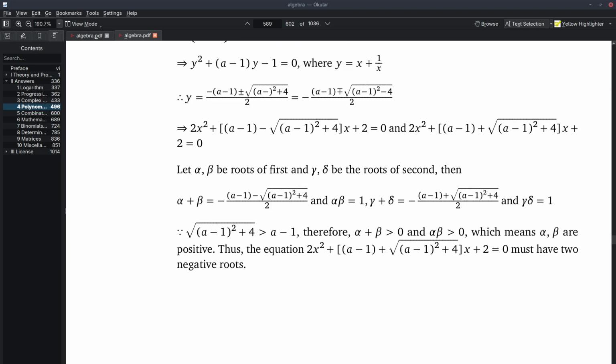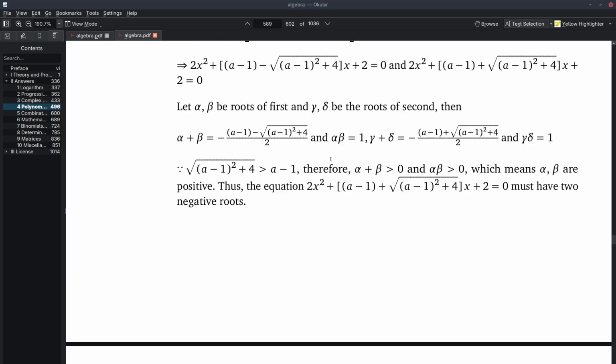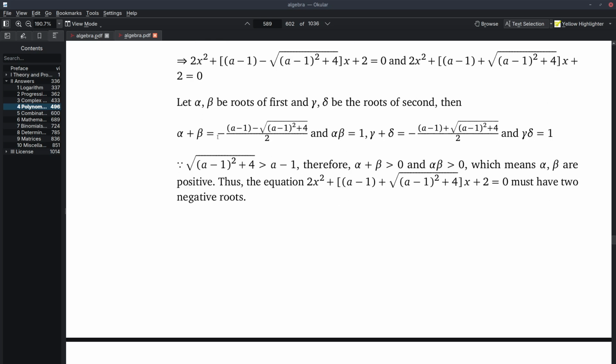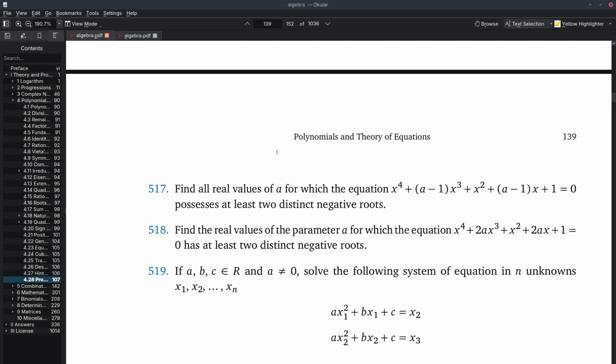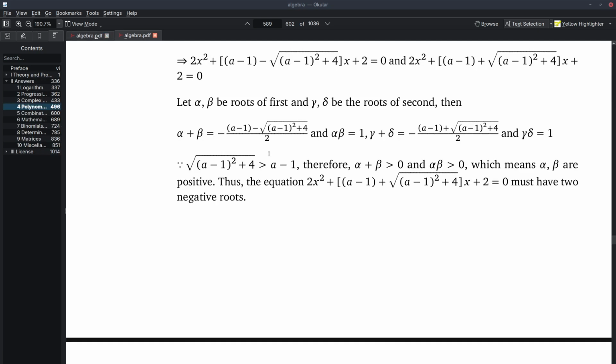We let alpha and beta be the roots of the first equation and gamma and delta be the roots of the second equation. Then alpha plus beta is equal to this term and gamma plus delta is equal to this term, and alpha beta will be 1 and gamma delta will be 1. Now we need negative roots.